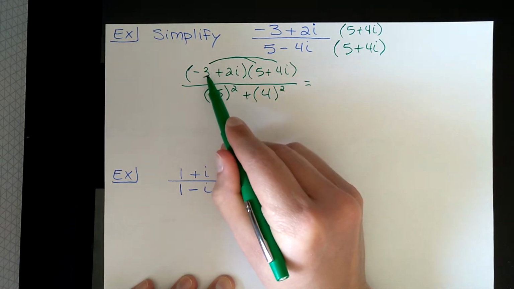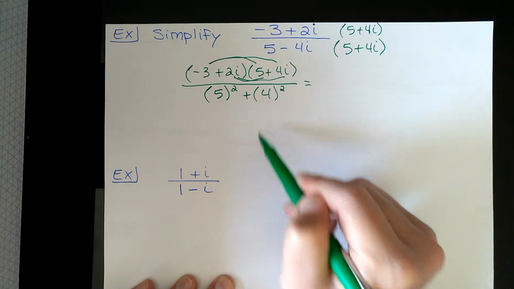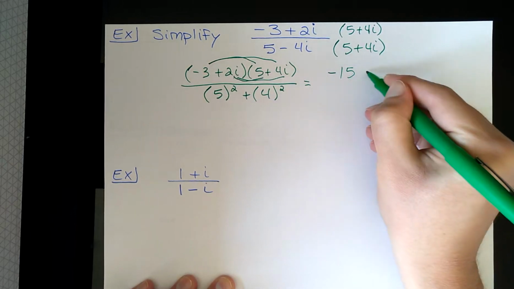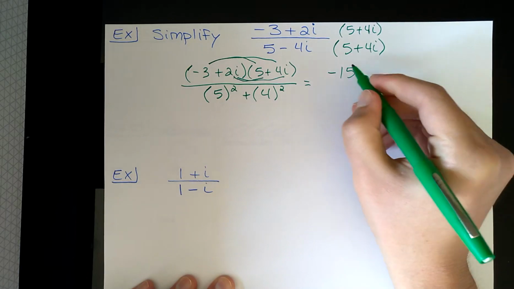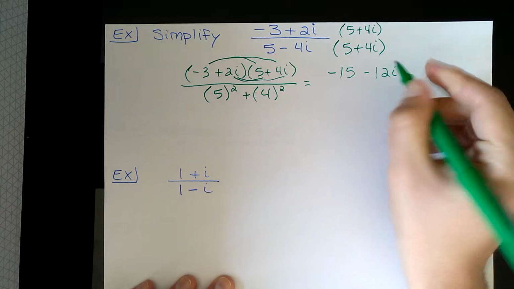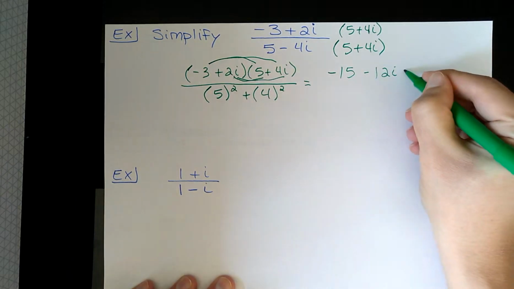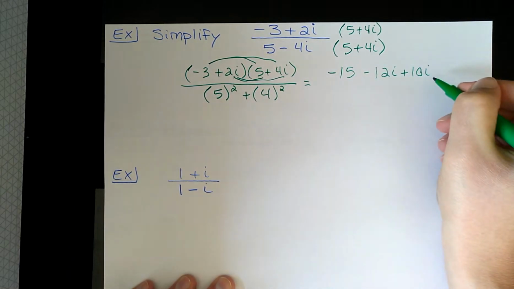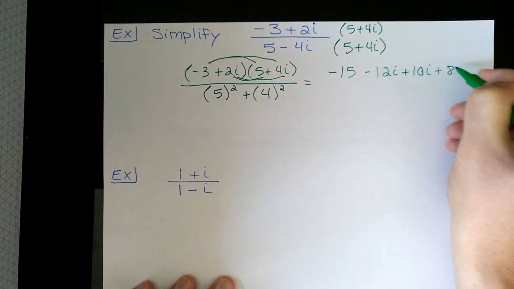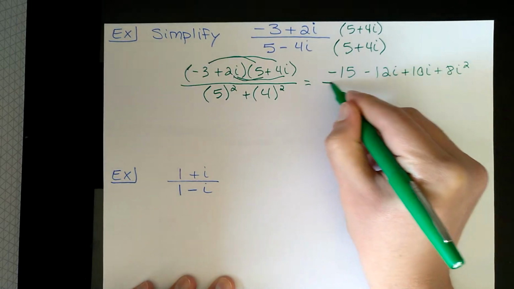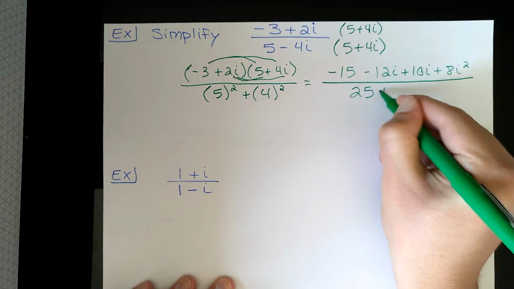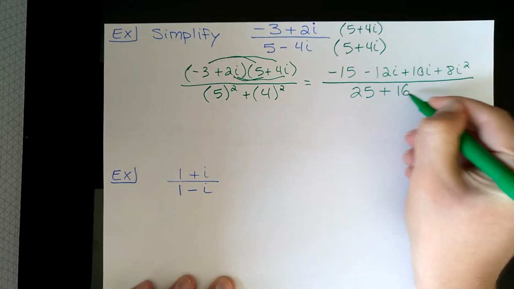We're going to distribute the negative 3 and distribute the 2i. That gives us negative 3 times 5 is negative 15. Negative 3 times 4i is minus 12i. 2i times 5 is plus 10i. And 2i times 4i is plus 8i squared. And that's all over 5 squared is 25, plus 4 squared is 16.